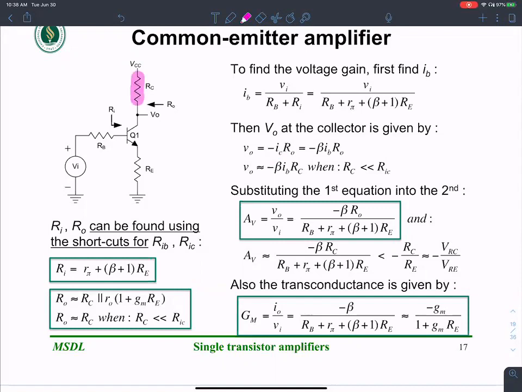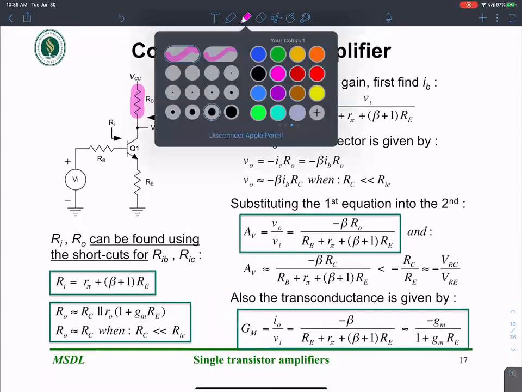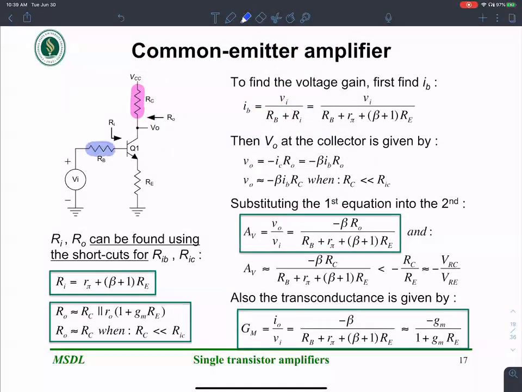But when we calculate RI or RN, we don't take into account RB in the formula. We do take into account RB. Take a look at this. There's this RB, right? In the formula down below the figure, we don't see any RB.